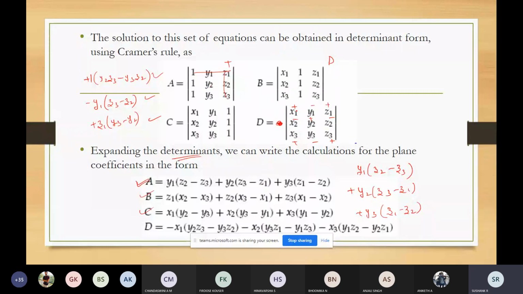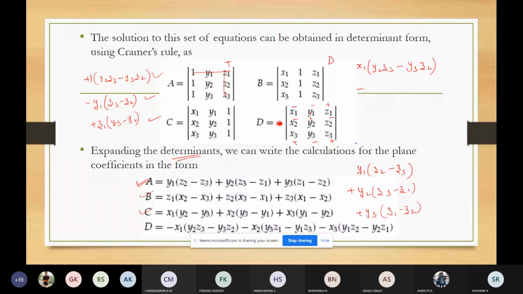So first I'll expand x1. So x1 plus x1 into y2 z3 minus y3 z2. So the x term is expanded. After that, I want to expand the y terms.